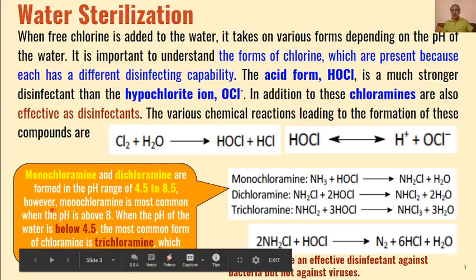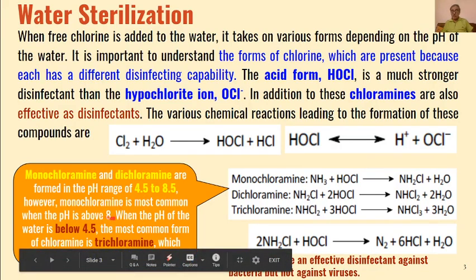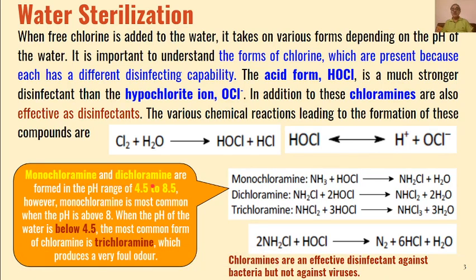Monochloramines are most common when pH is above 8, and dichloramine will be formed between 4.5 and 8. So this is how ammonia will react with hypochlorous acid to give us monochloramines and dichloramines.